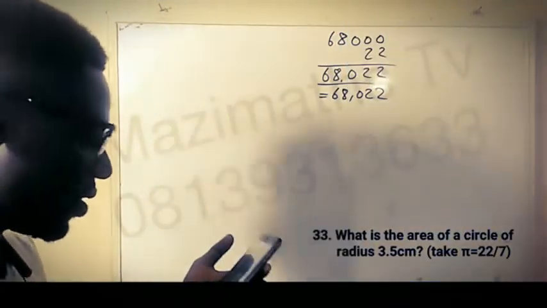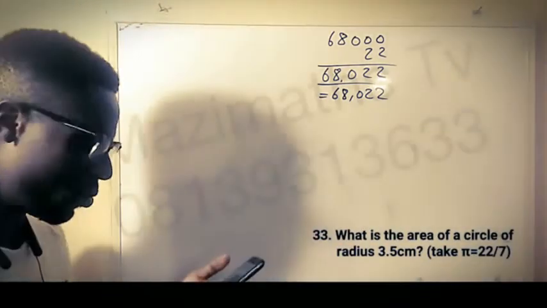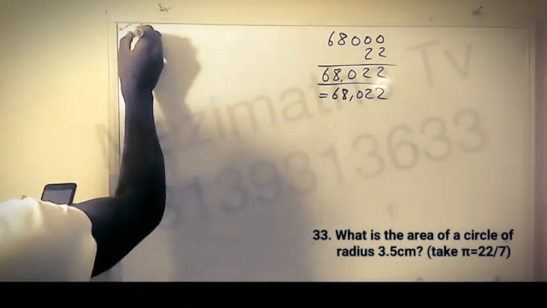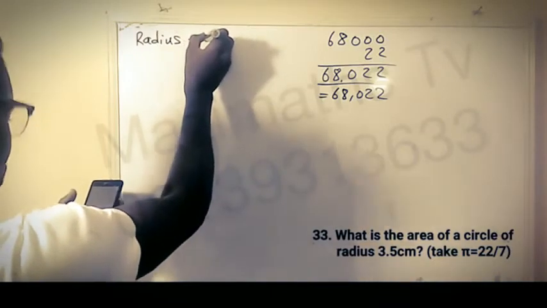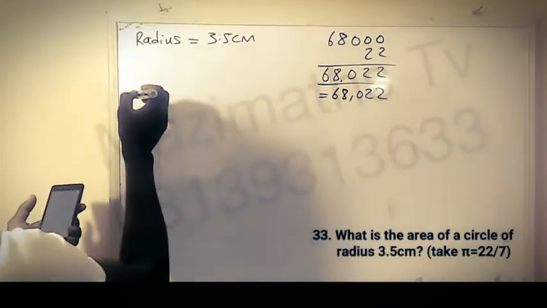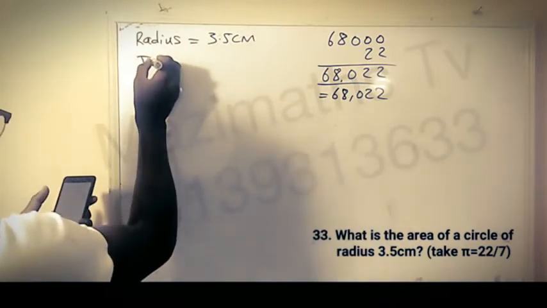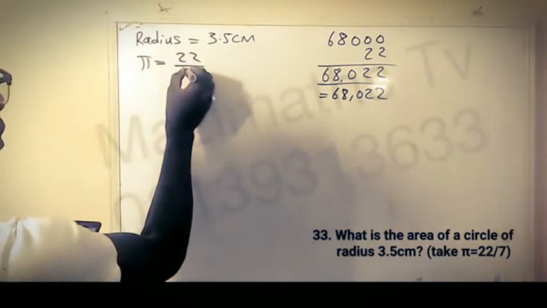What is the area of a circle of radius 3.5 centimeters? Take pi to be 22/7. Now this is the radius of the circle. The radius of the circle is 3.5 centimeters, and you're asked to take pi as 22/7.